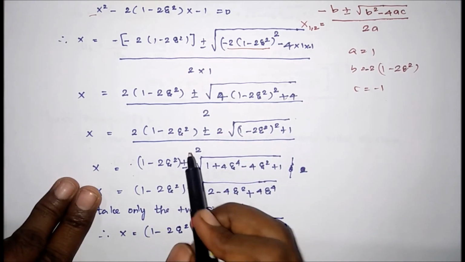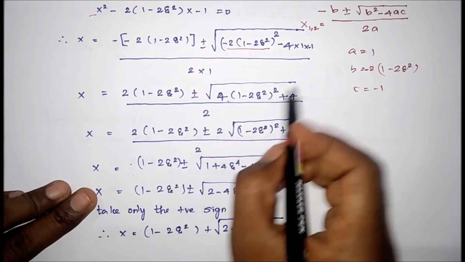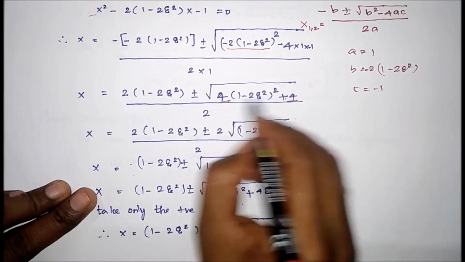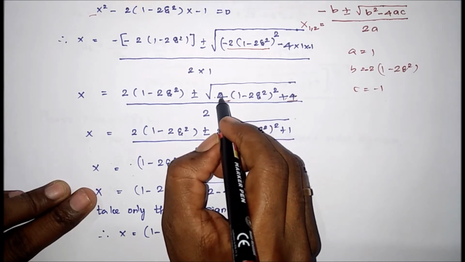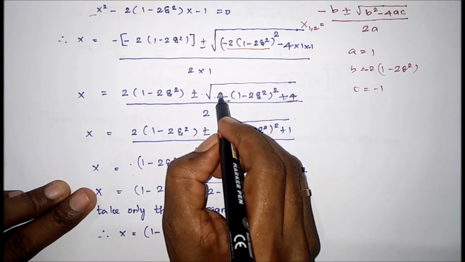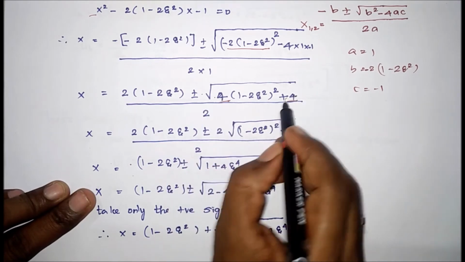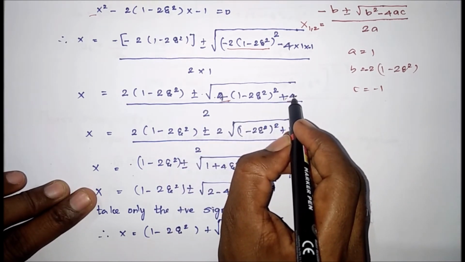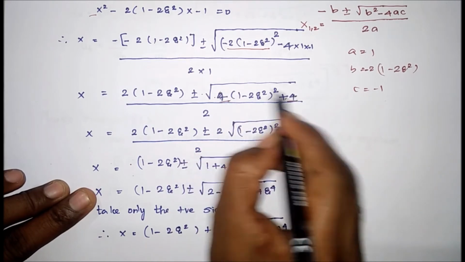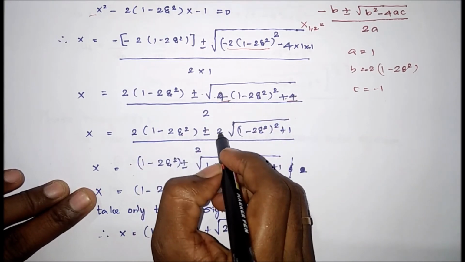So now actually what we are going to do, here 4 is available, here 4 is available. So we are going to take this 4 common and take it outside. When we take this 4 outside, it will become 2, because this term and this term both have 4.